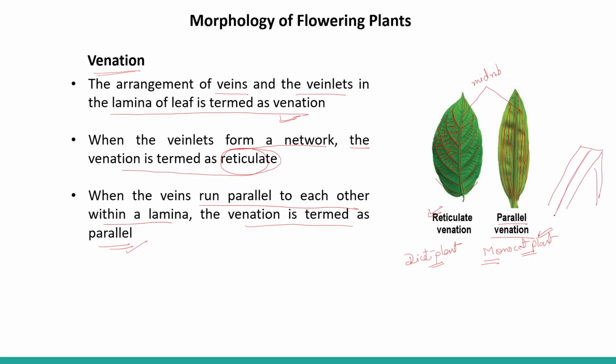So this is the main midrib. The veins will be parallel to each other like this in the case of maize, sugarcane. Okay, so all these are monocot plants. But in the case of dicot plants, you will always have a reticulate type of venation. Okay.